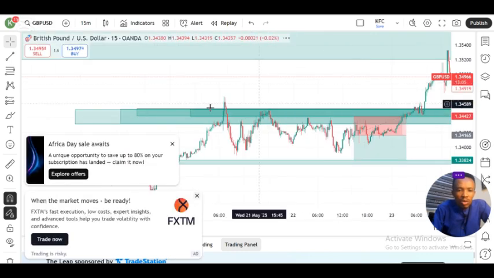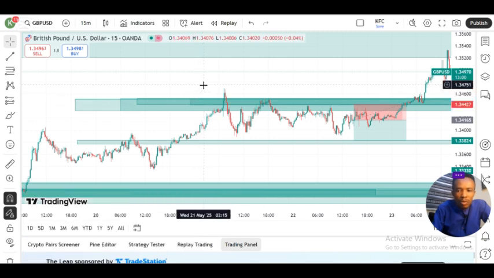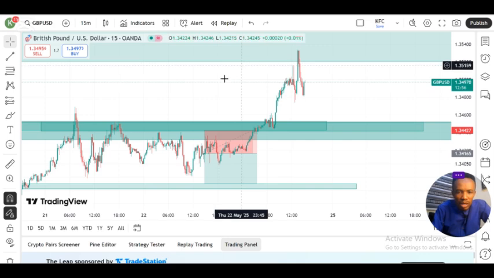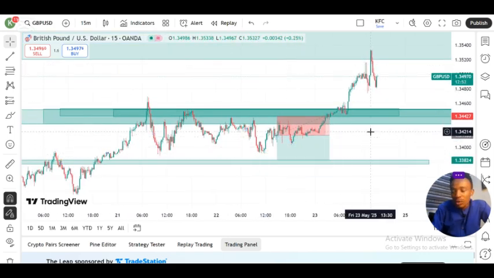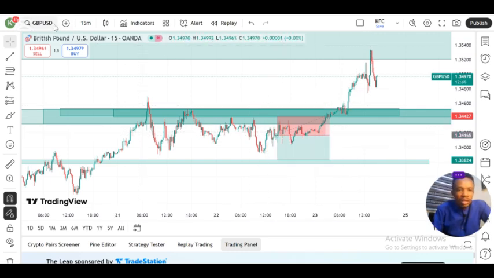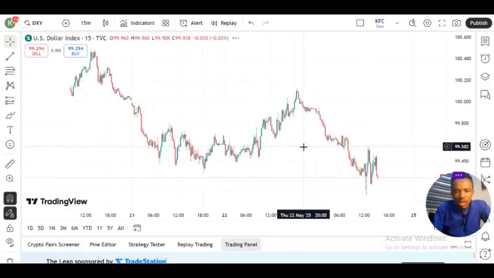So if you notice, in the course of the week there was no entry on GU apart from this one entry that failed. If you look closely, you see that it failed, kept struggling. I wondered why it was struggling, because clearly as at when this entry was posted, the DXY was actually bullish.